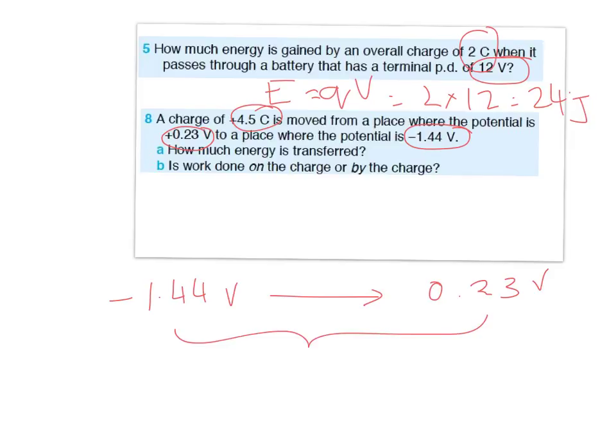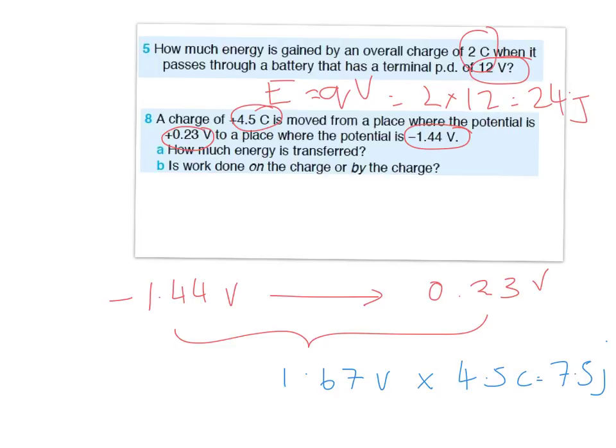The difference there is 1.44 plus 0.23. So 1.67 volts is your total potential, and you multiply that by 4.5 coulombs, which gives you 7.5 joules.